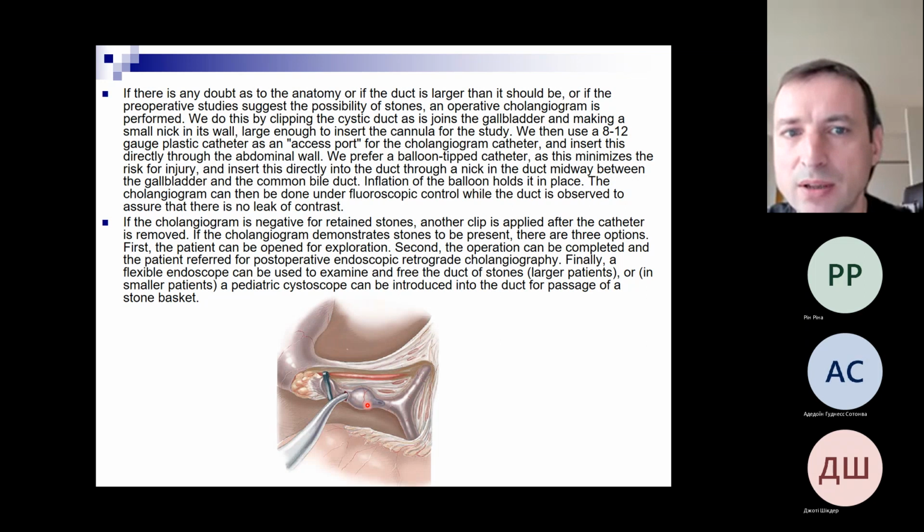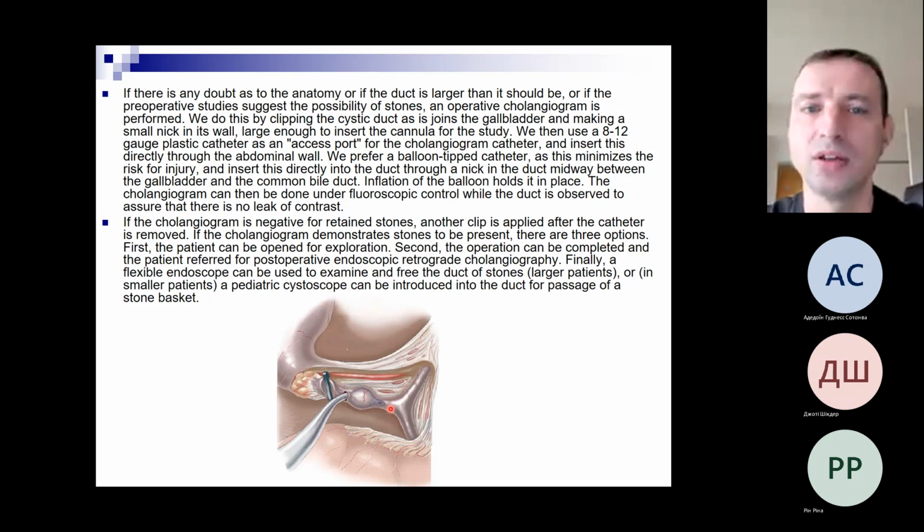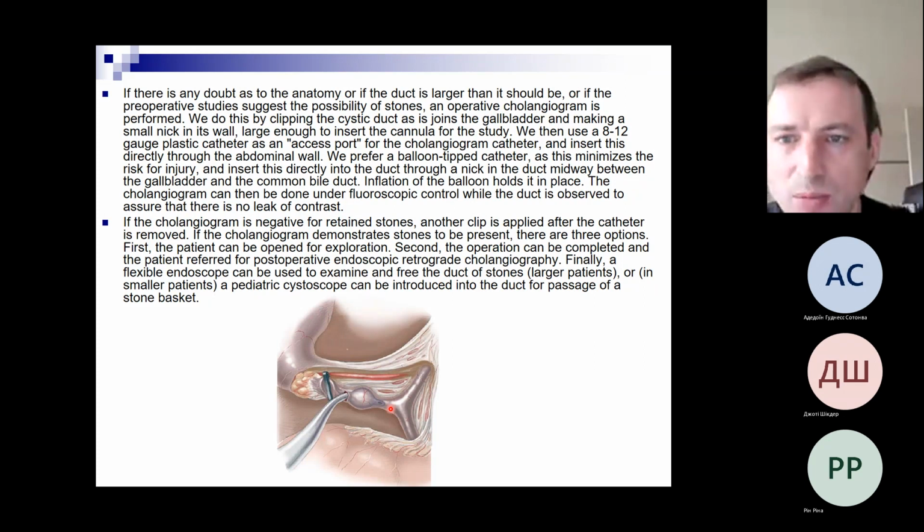The cholangiogram can then be done under fluoroscopic control while the duct is observed to ensure that there is no leak of contrast. If the cholangiogram is negative for retained stones, another clip is applied after the catheter is removed. If the cholangiogram demonstrates stones to be present, there are three options. First, the patient can be opened for exploration.